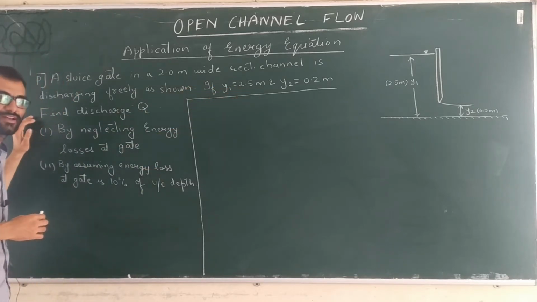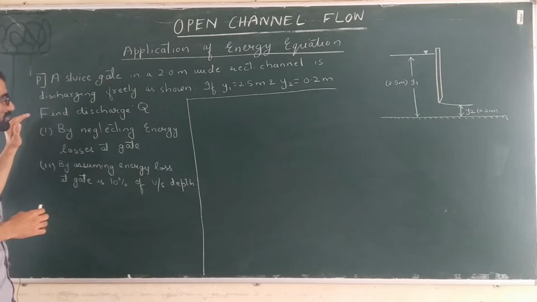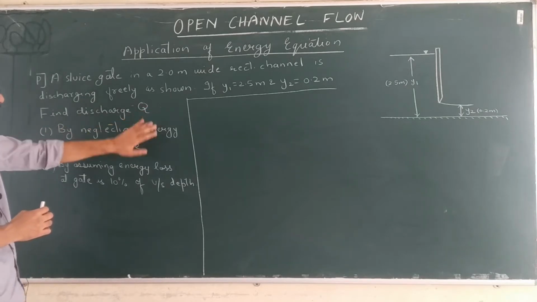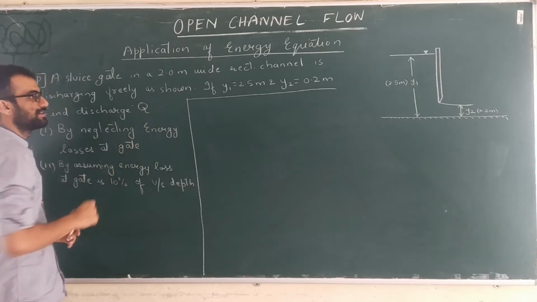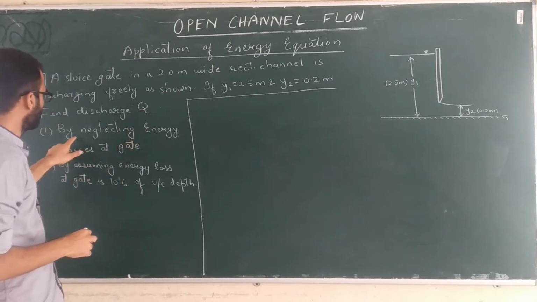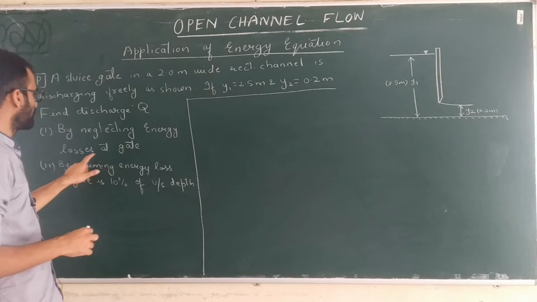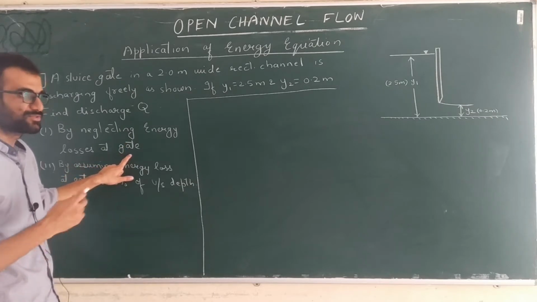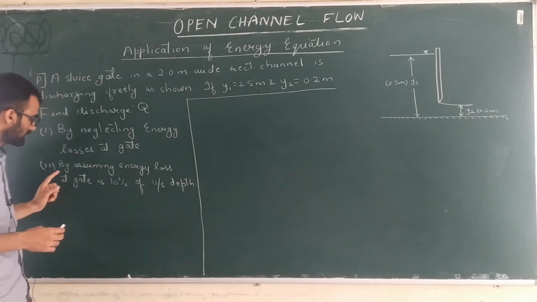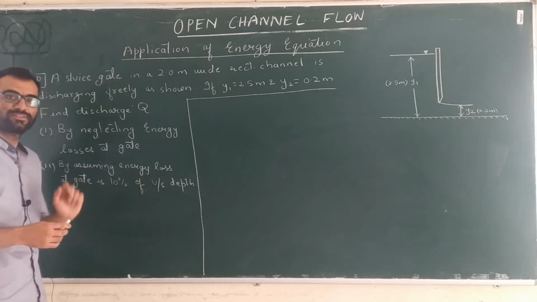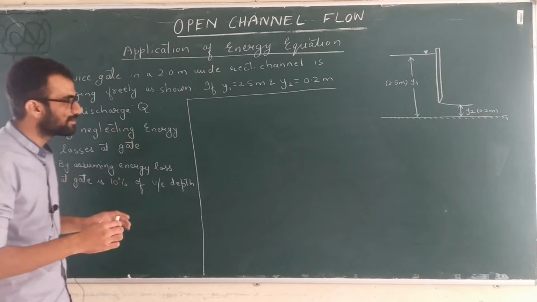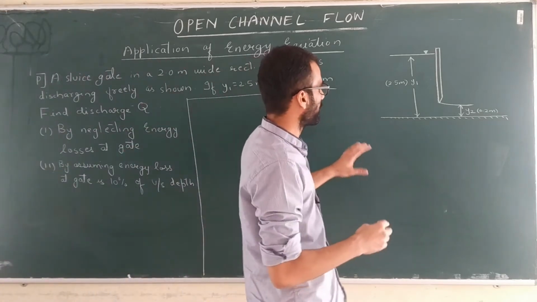We are asked to find the flow discharge Q in two cases. For the first case, we neglect the energy loss at the gate. For the second case, we assume the energy loss at the gate is 10% of the upstream depth. I will discuss the problem first.